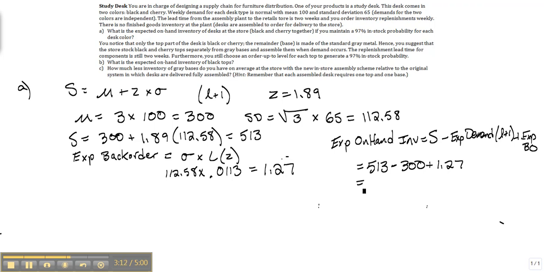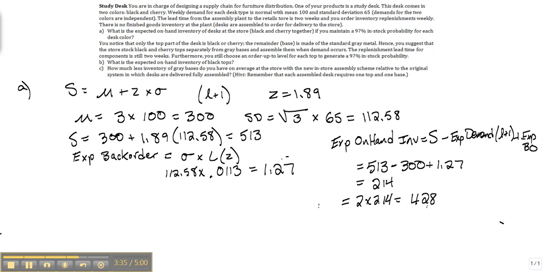And we get an expected on-hand inventory for each desk equal to 214. But since we have two desks that have the same mean and standard deviation, the expected on-hand inventory for both desks is 2 times 214, or 428.